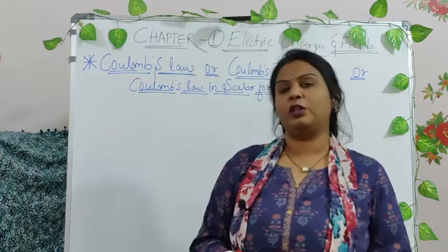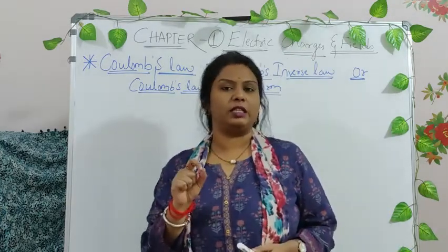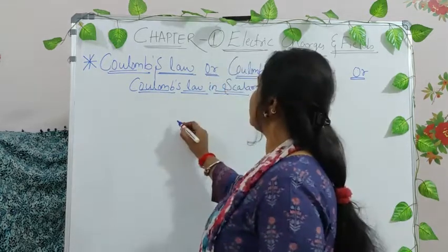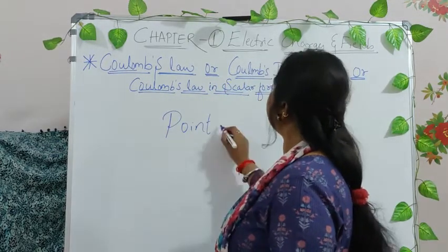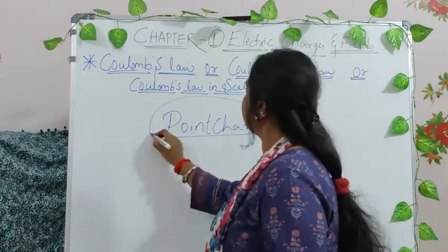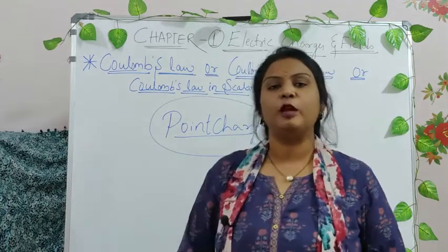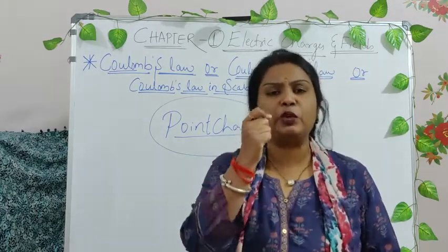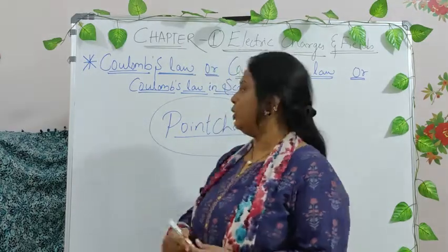Now before moving into Coulomb's law, the very first point to note down is that we always use a point charge in the entire explanation further. What are point charges? Point charges are very minute charges, very small, like you cannot even see them on this whole board.